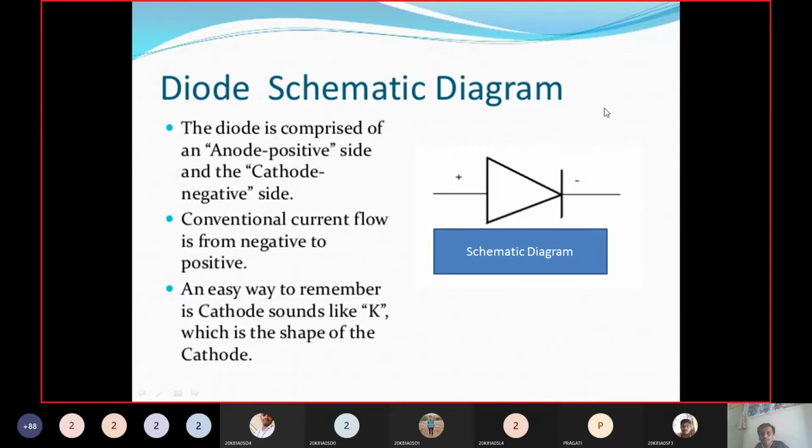That's why this is negative and is represented as the cathode.